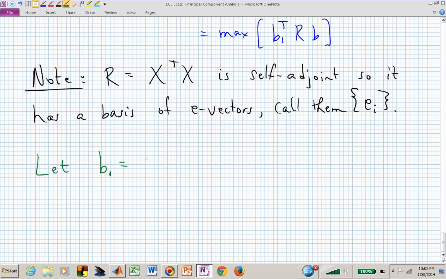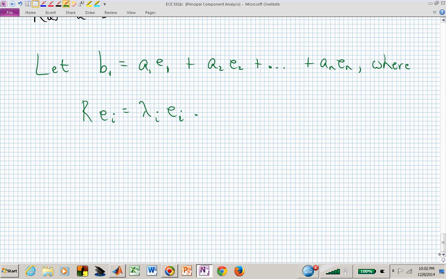Let b1 be a1 e1, the component of b1 in the direction of e1 is a1 times e1, plus a sub 2 e sub 2, etc., down to a sub n e sub n, where we are saying that these e's are eigenvectors of R. Let's now look at what happens when we decompose b1 in this particular basis that we've selected.